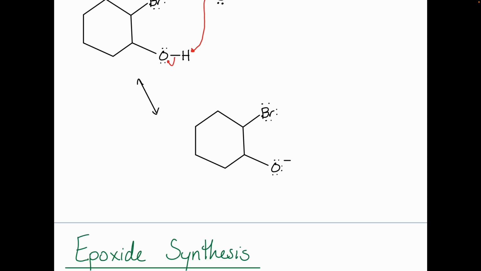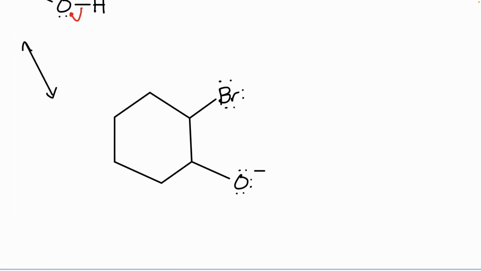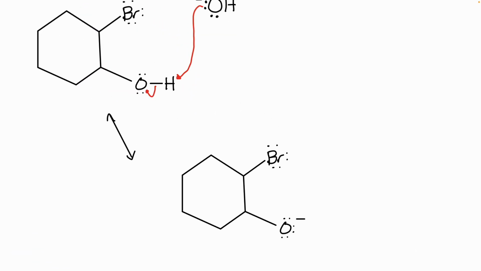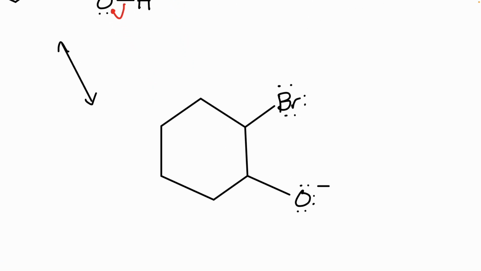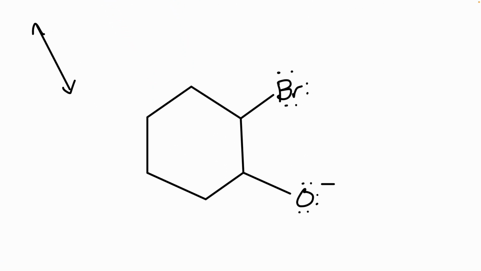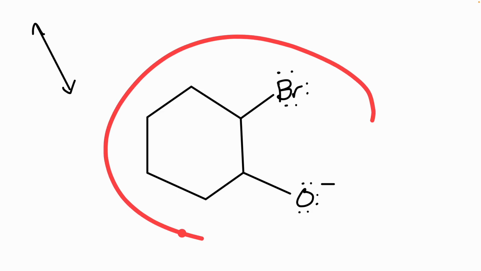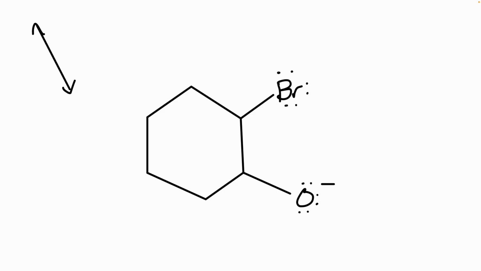All right, and then we're going to look carefully at this intermediate here, and we can even note what our product is going to be, right? That six-membered ring, but now with that epoxide group on there. I'm going to tell you that this next step is an intramolecular reaction, meaning that both my nucleophile and my electrophile are in the same molecule here.